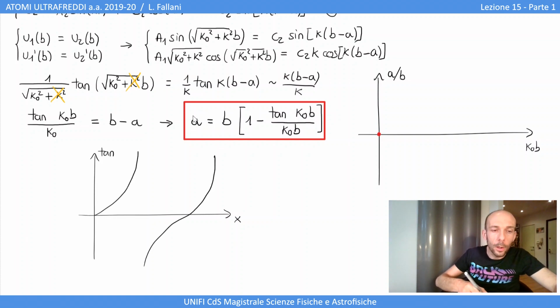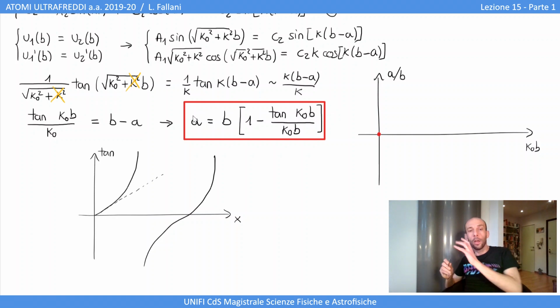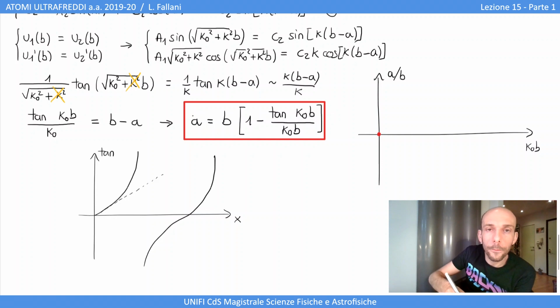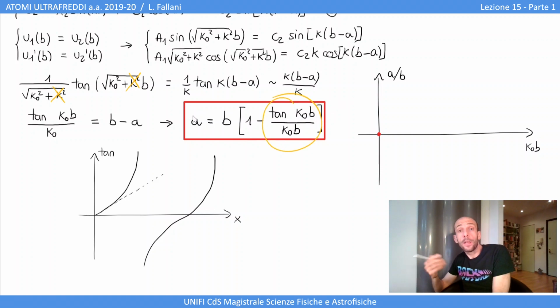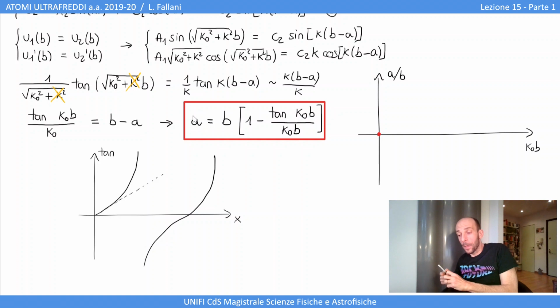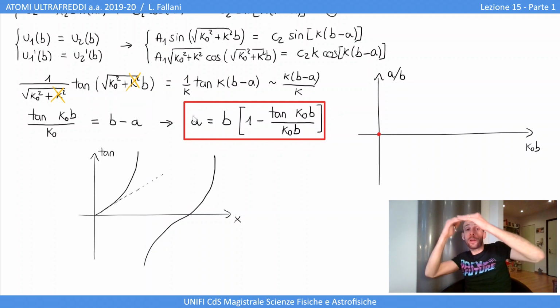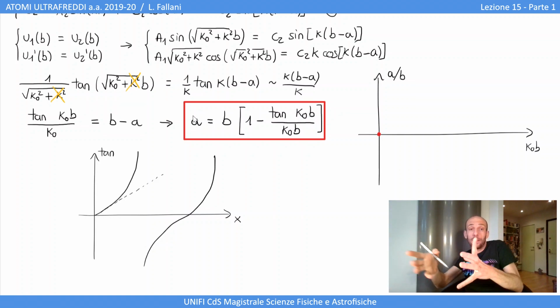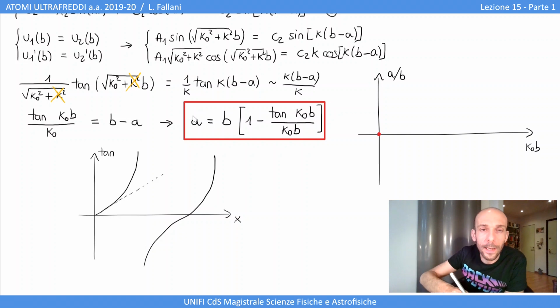So it starts linearly, but then after this linear region, it grows faster than its argument. So this quantity will be a number higher than 1, and so the scattering length will be negative this time. And this makes sense because we have now a potential well instead of a barrier, and so it makes sense that atoms are attracted, and so the scattering length is negative.